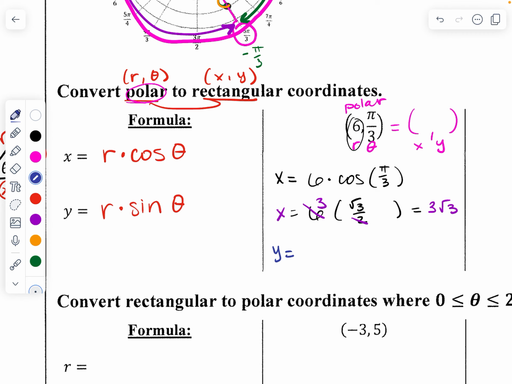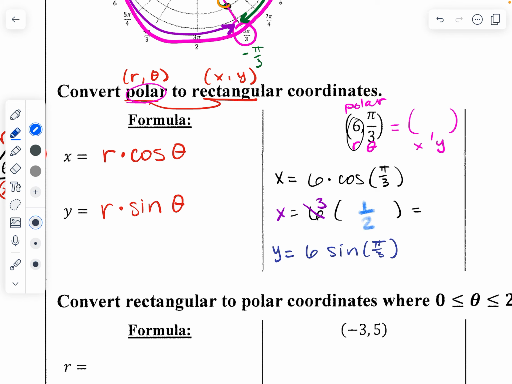And for y, we know it's r, which is also 6, times the sine of pi over 3. Well, we know the sine of pi over 3. Oh, whoops, I messed up on that last one. Pardon. I wrote down sine instead of cosine. Sorry. This should be 1/2.